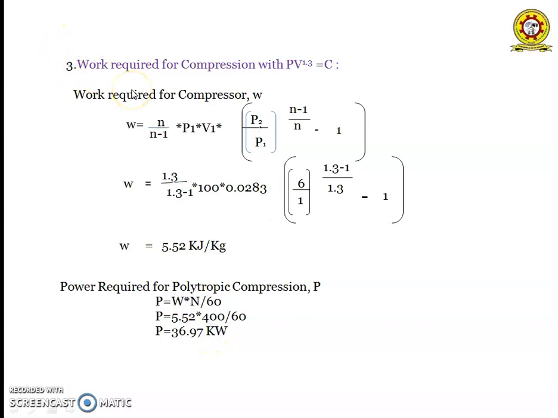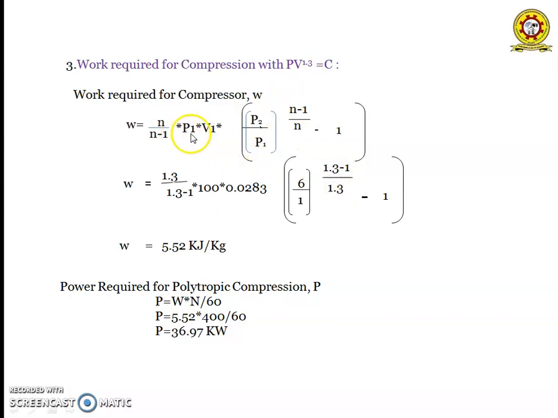And third one is work required for the compressor with PV^1.3 = constant. So W = n/(n−1) × P1 V1 × [(P2/P1)^((n−1)/n) − 1], where n = 1.3.